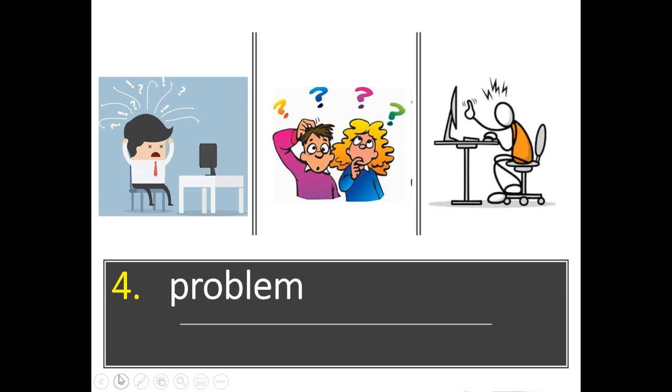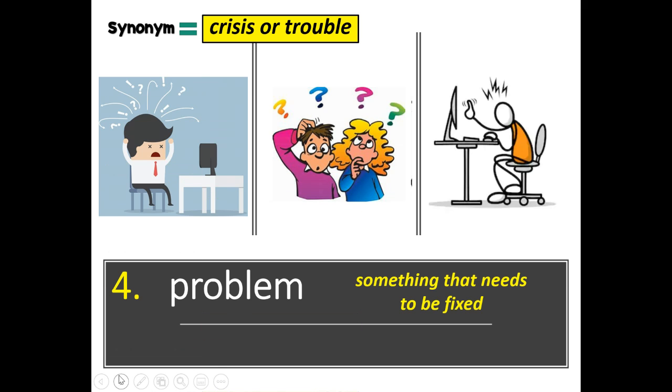Problem. Problem means something that needs to be fixed. So a synonym could be crisis or trouble. You could have a crisis, which is another word for problem, or trouble.